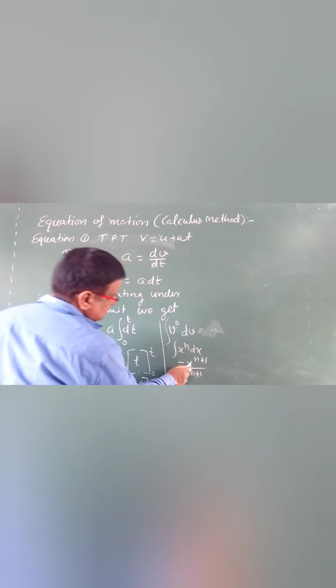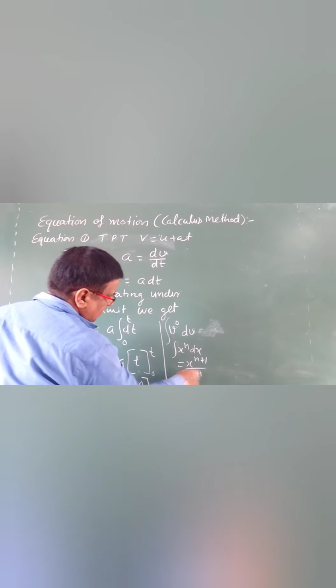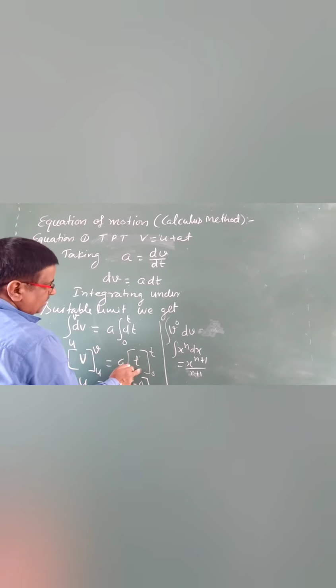You will get v to the power 0 plus 1, that is v, divided by 0 plus 1, that is 1. So v, and similarly dt will be t. While putting the values in such an integration, first of all the upper limit is substituted and then the lower limit is substituted.